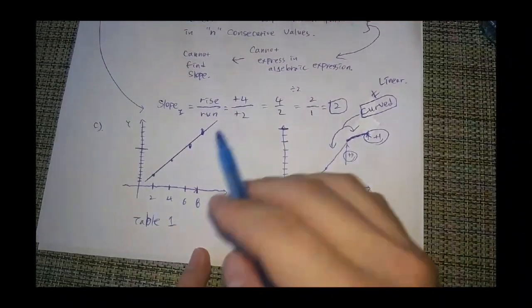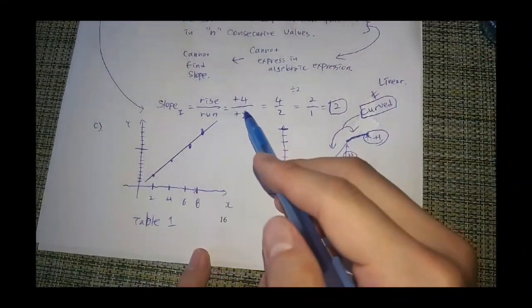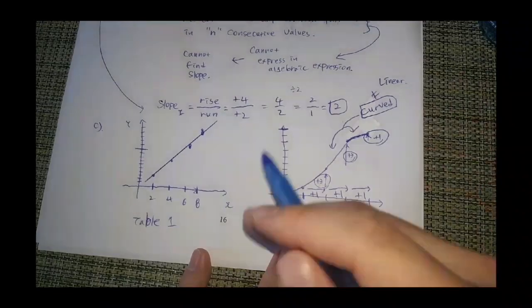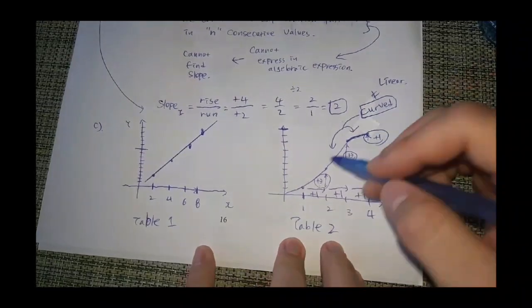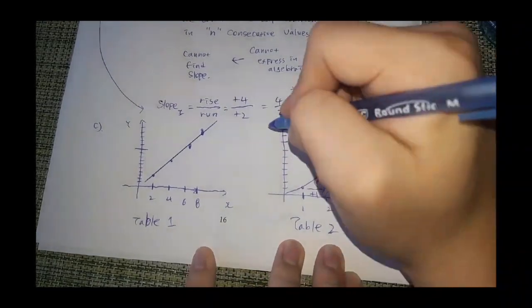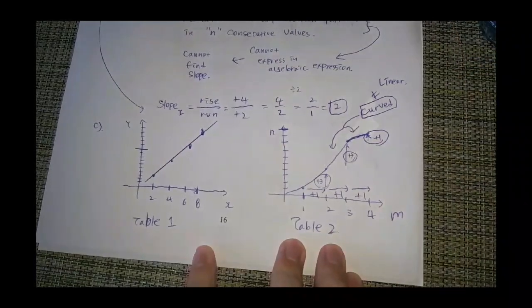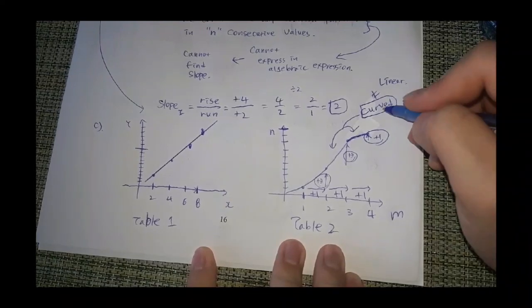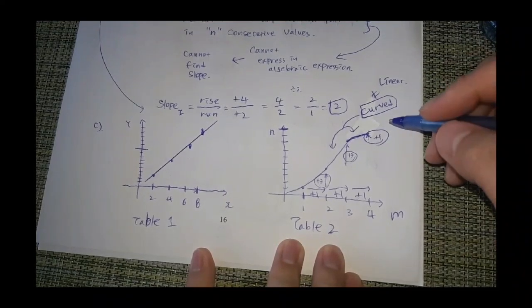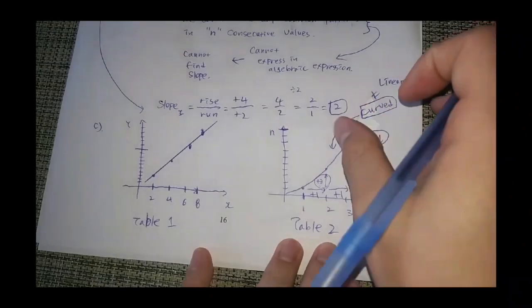Even though, sorry about my ugly drawing over here, if you actually draw properly, it's going to be a curved graph. Because example 2 doesn't have any line, and this was the value of m, value of n, they do not have any slope because it's curved, and at the same time we cannot produce any type of expression.